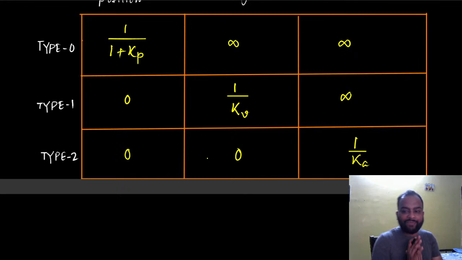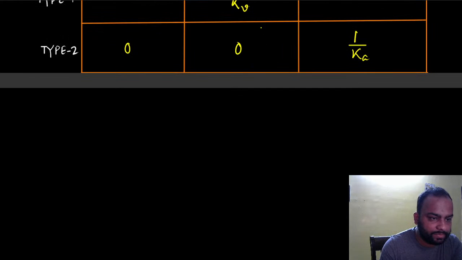So far we have only considered systems that have unity feedback, right? What if the system does not have unity feedback?